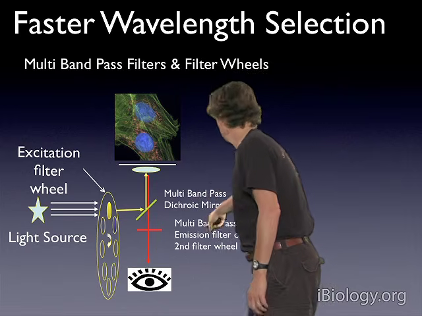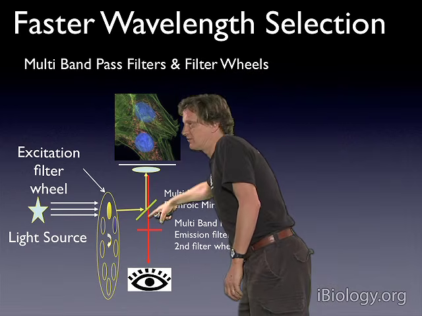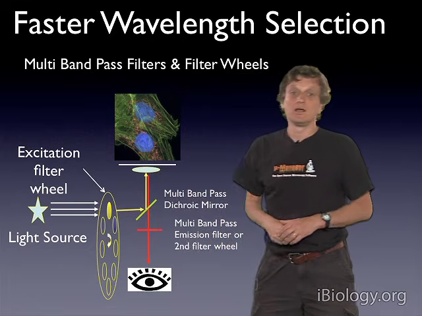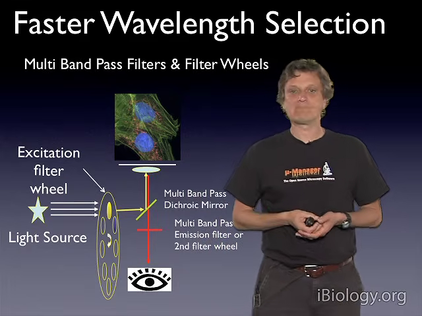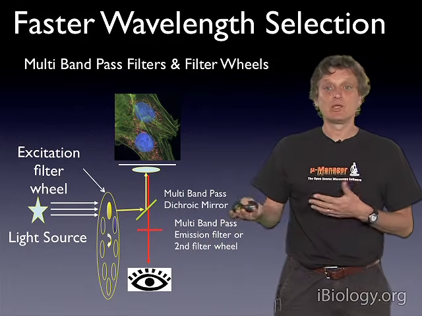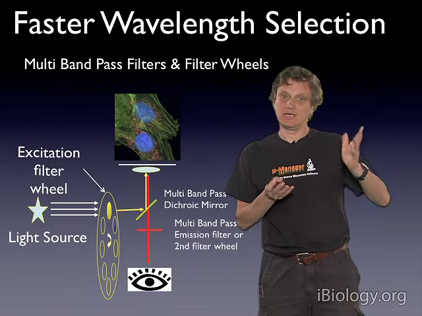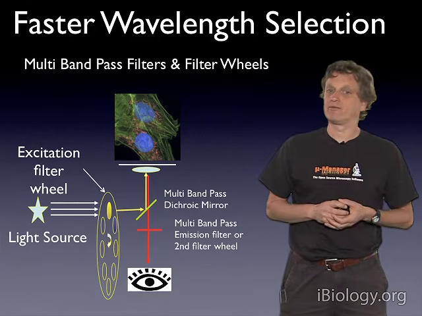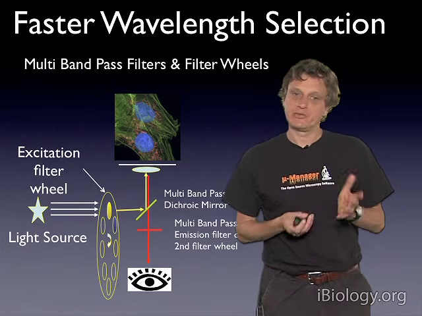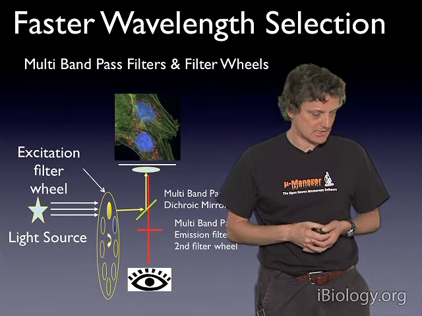Now, also that emission filter, which would have to be a multi-band pass emission filter, we could replace by a second filter wheel, and then we have full control and very fast control over both the excitation and emission filters.